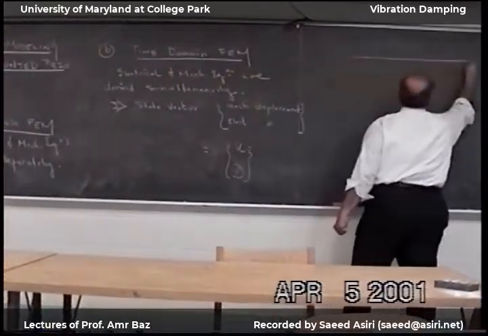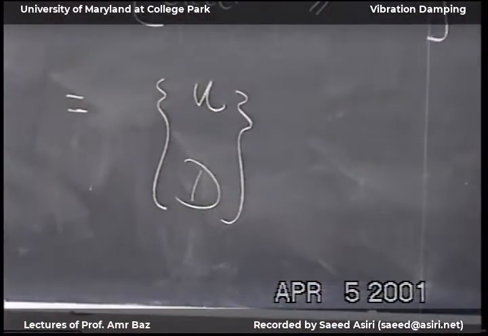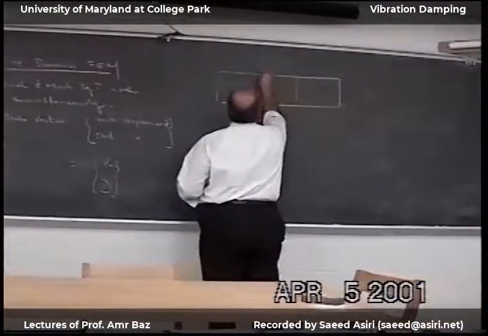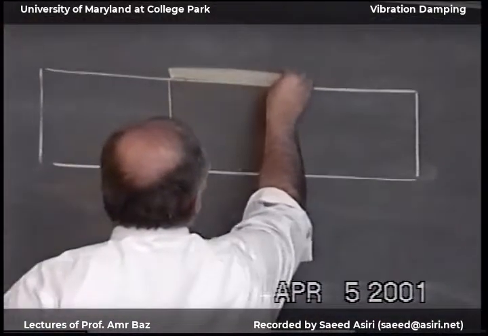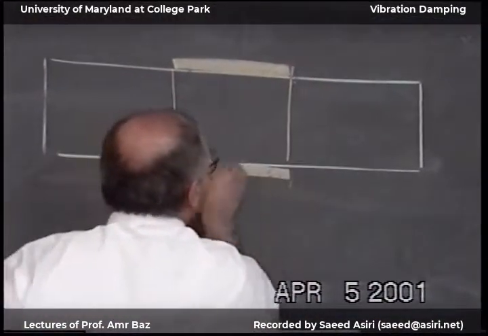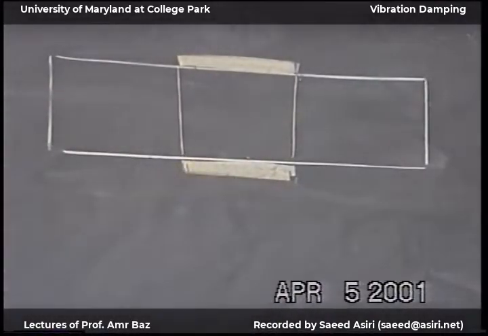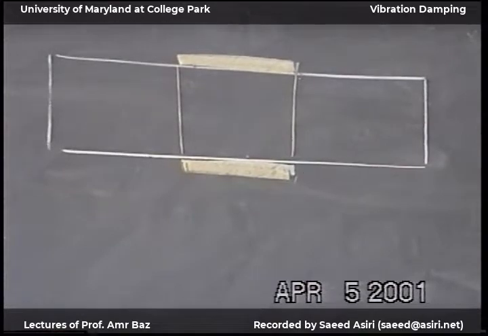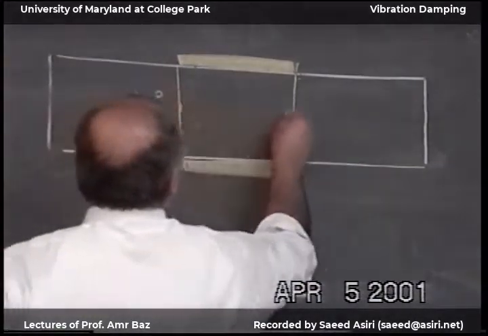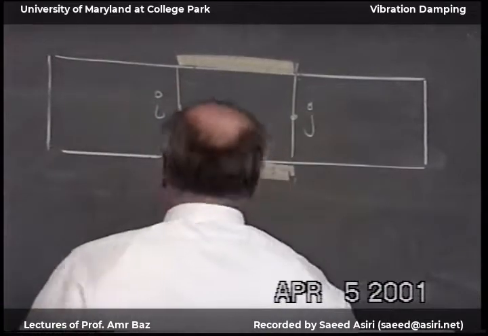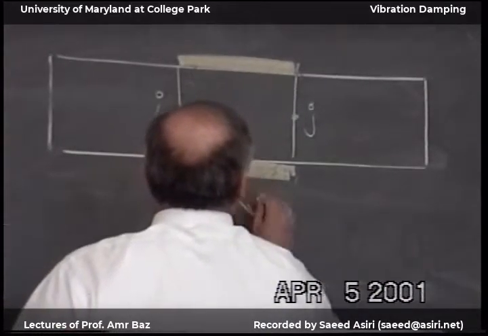Here is the rod and divided into elements. This has node I, node J, the piezoelectric material.